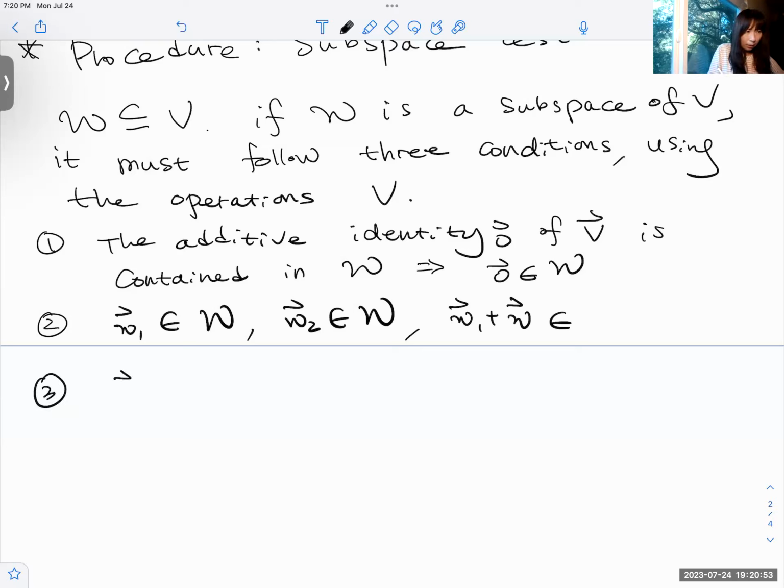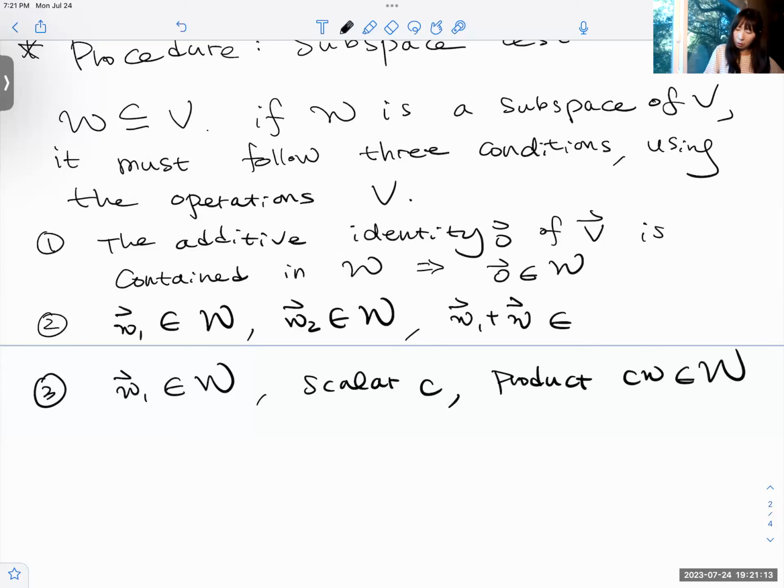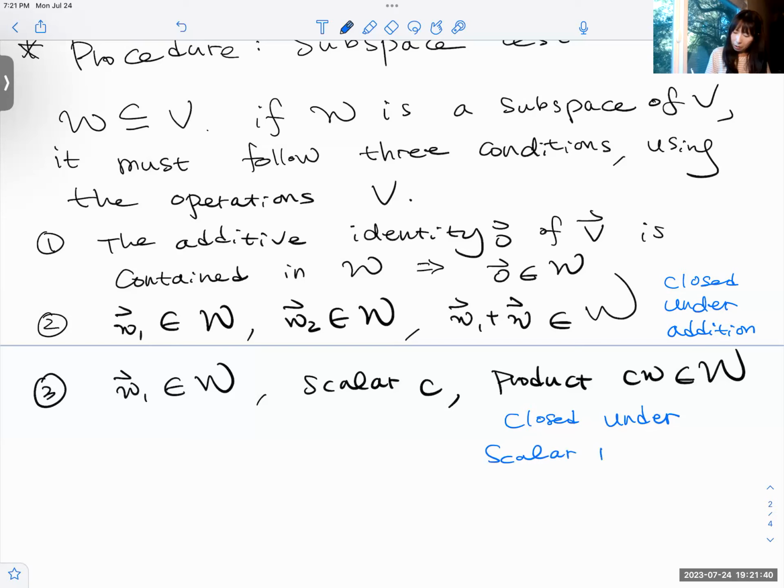Number 3, if W1 is in W and c is a scalar, then the product cW1 is also in W. That is closed under addition from the vector space, and this one closed under scalar multiplication from the vector space. Okay, let's do this one.